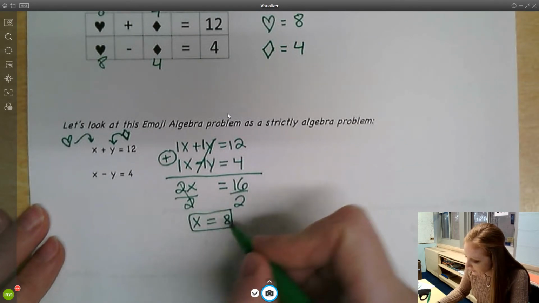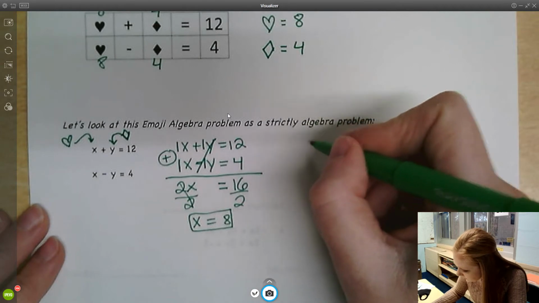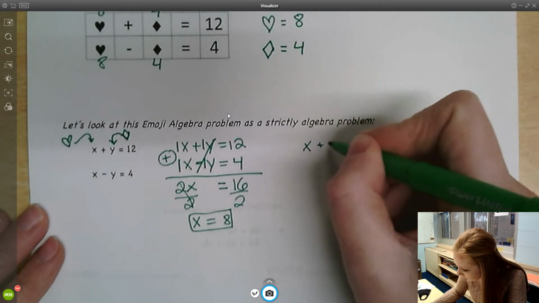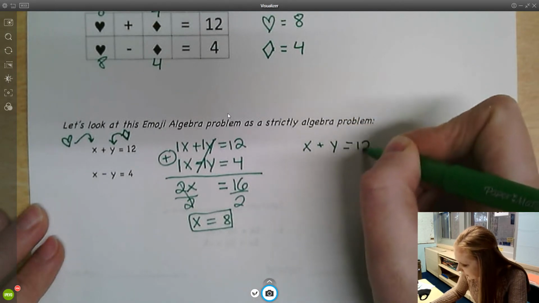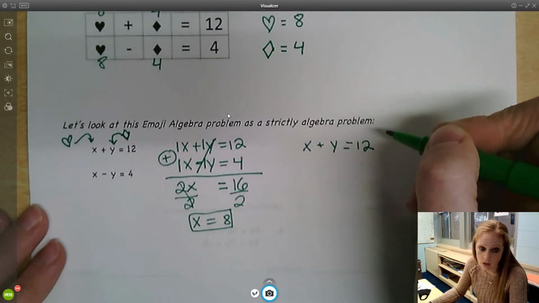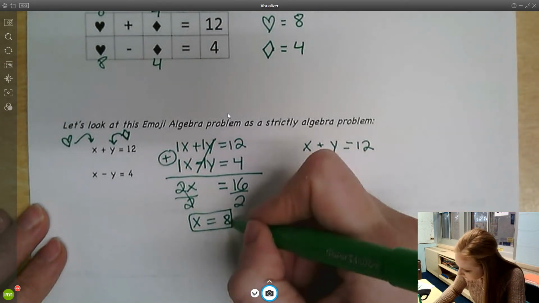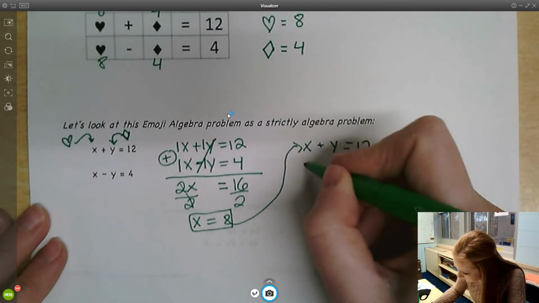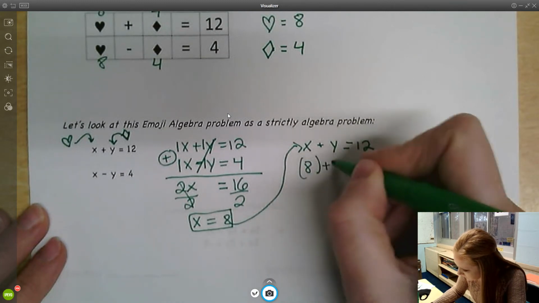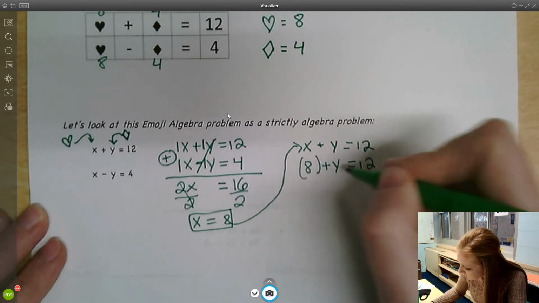Now that we know x is 8, we can go back to one of the originals. I'm going to pick the first original because it's adding, and I like that better than subtracting. And I'm going to plug in x is 8, and then solve for y.